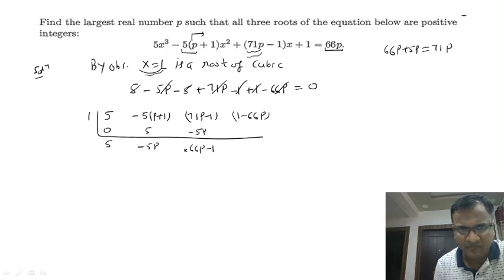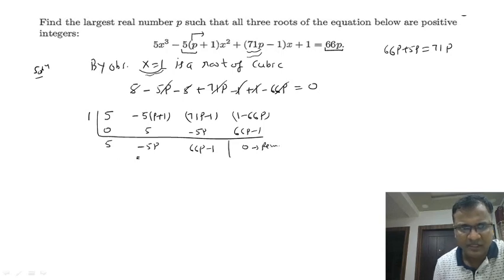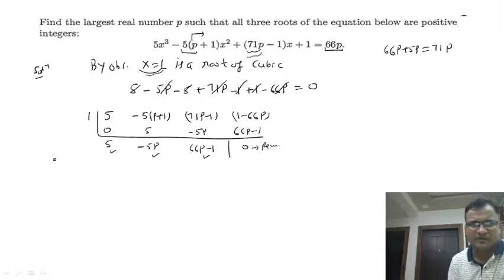If we multiply by 1, then this amount is 66p minus 1. Again, if we add this and this together, then we get the remainder as 0. And these are the coefficients of the quotient when the cubic is divided by the linear factor x minus 1.